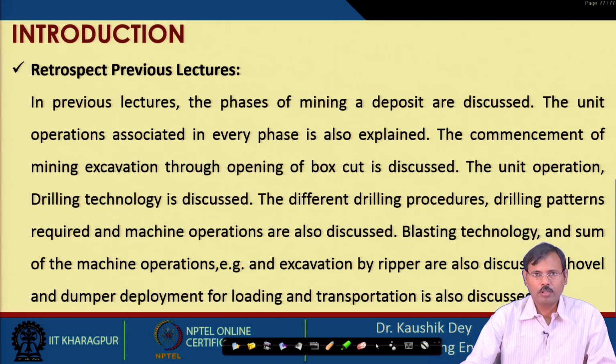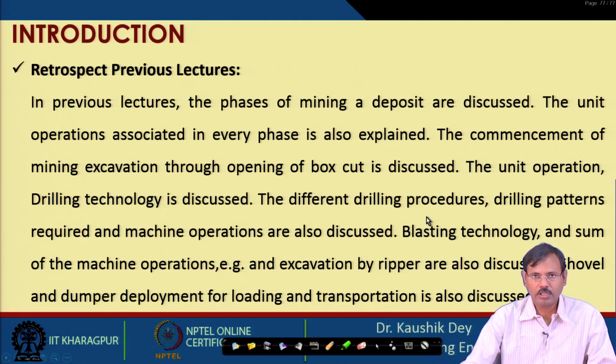We have covered the excavation of fragmented rock mass, either by blasting or by reaper, through a shovel or excavator. We have gone through the different types of excavators, and we have seen the dumper transportation system, and how the shovel dumper combination can be carried out, that is discussed already.